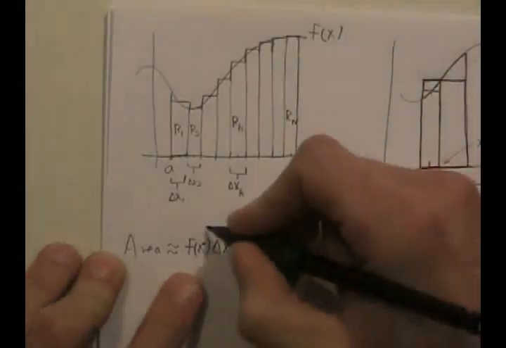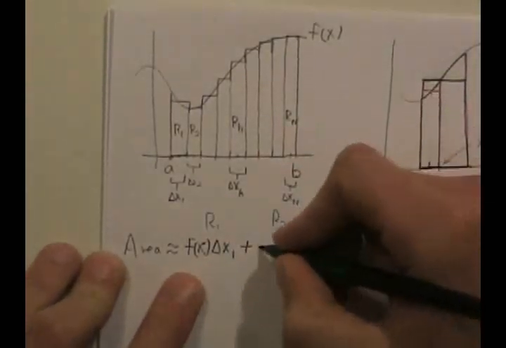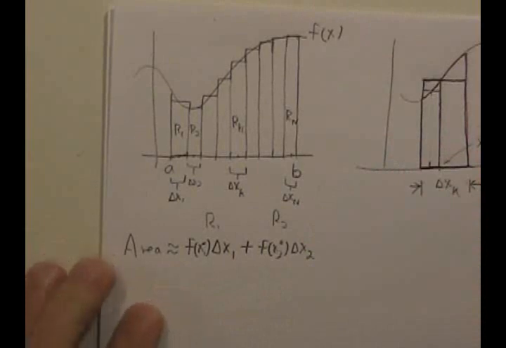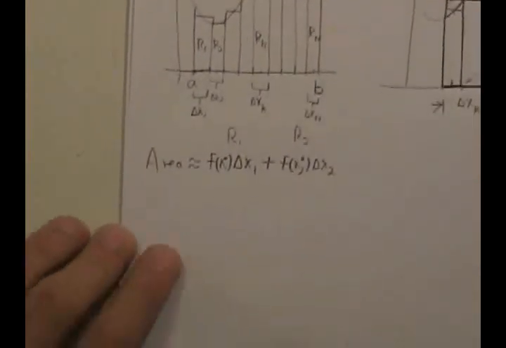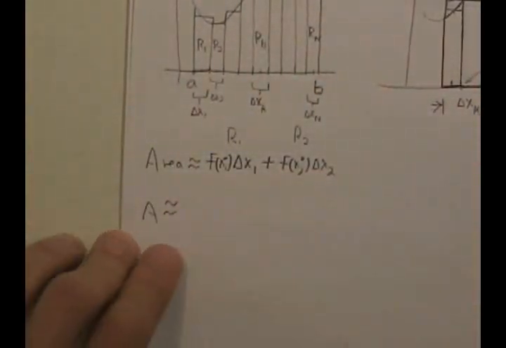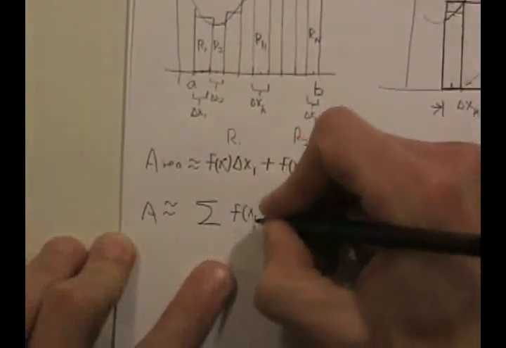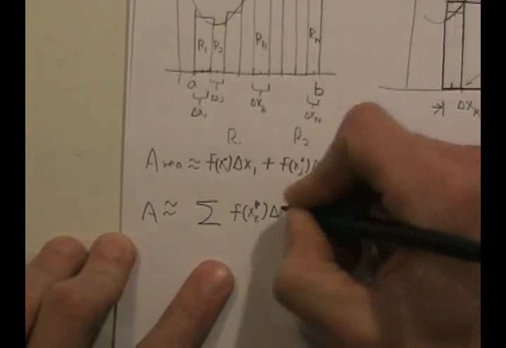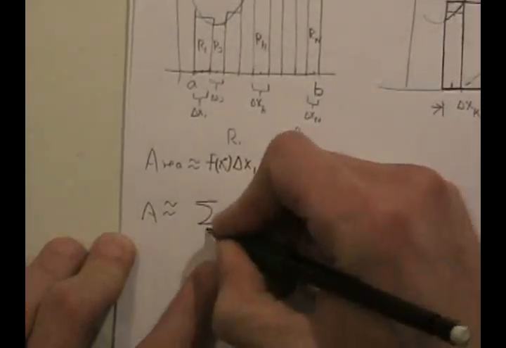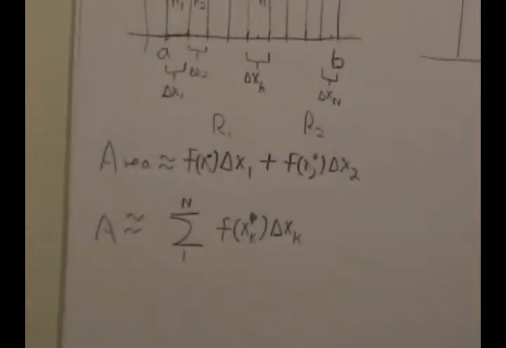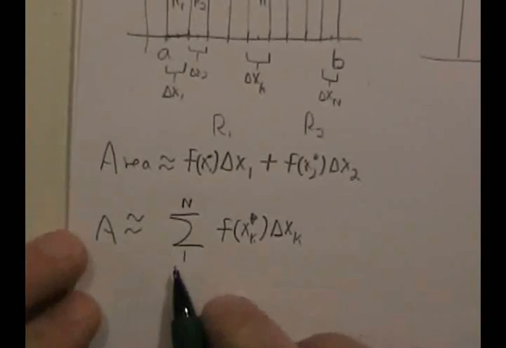Plus, this is R1, and then R2 is f of x2 star times delta x2, and so on and so on. Now let me write this in sigma notation. I want to clean this up a bit. We have the area is approximately equal to, we would continue this all the way up to f of xn star times delta xn, but the area is approximately equal to the sum of f of xk star delta xk from k equals 1 to n. Alright, so it's just an approximation, and we should understand that the larger n is, the better the approximation we get.